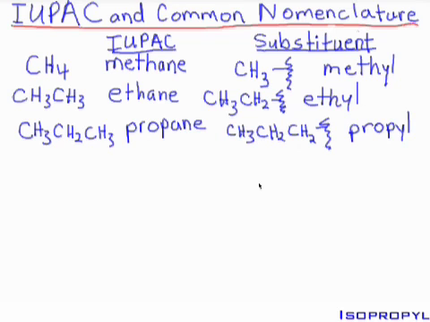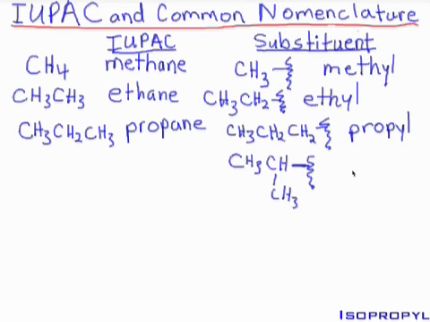What's interesting is as soon as you get to propane, however, there's another potential site of attachment. What if I pulled an H off of the middle carbon? So I had a CH, and so I'll draw my CH3 down, and then I attach that to a side chain. We have a problem. This is a new substituent.